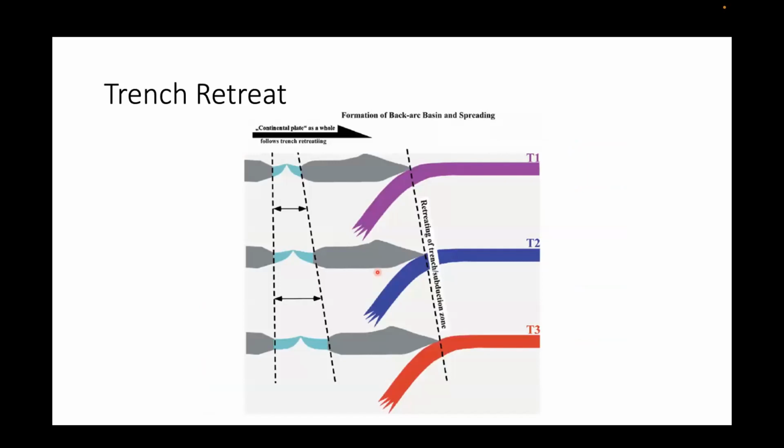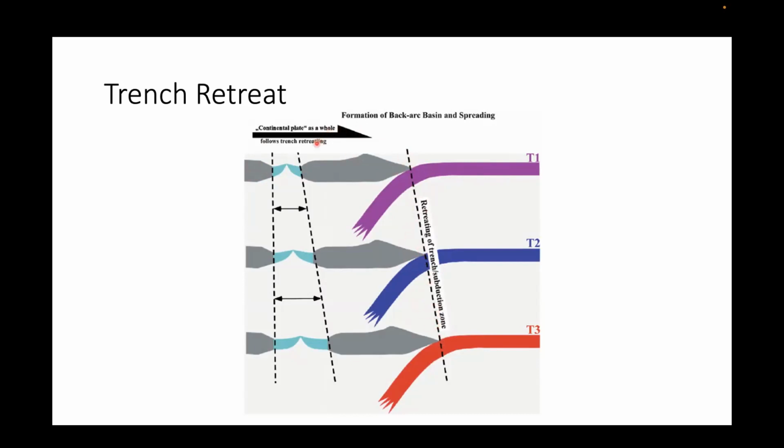Usually to generate back-arc basin spreading, you need a larger amount of trench retreat. So here we look at the schematic diagram. We fix the upper plate, and this allows the trench to migrate toward the ocean. So the location of the trench in this figure is moving to the right.